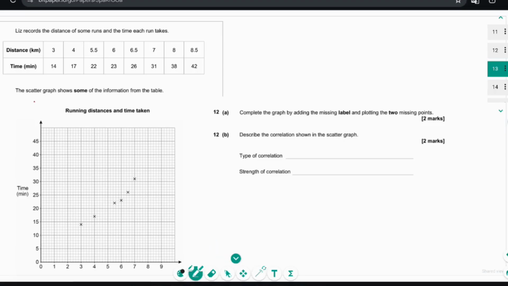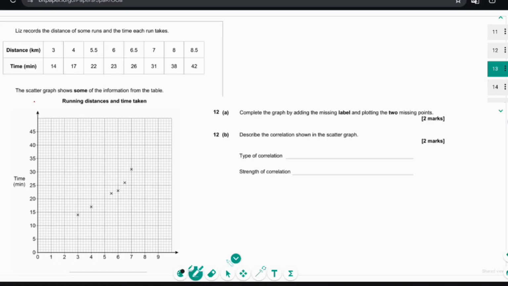So the missing label on your x-axis is... time is the y-axis, so distance, kilometres is your x-axis. Must have the units to get the mark here.